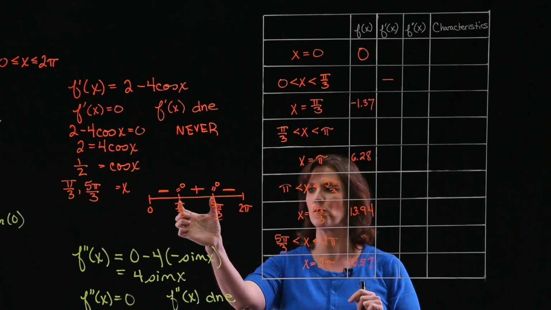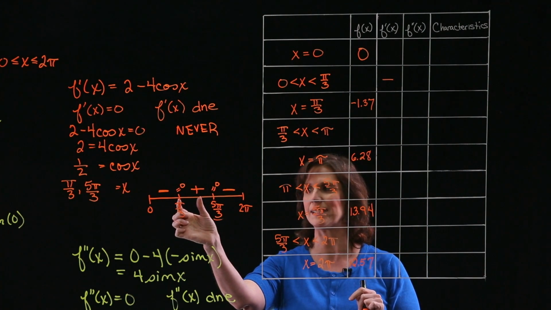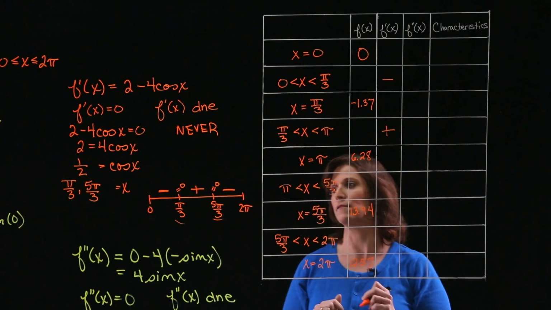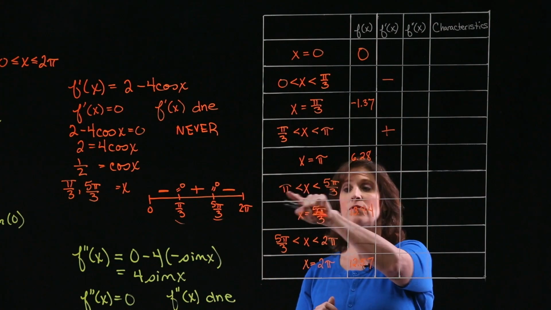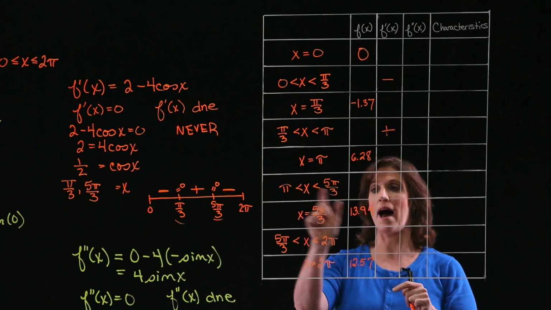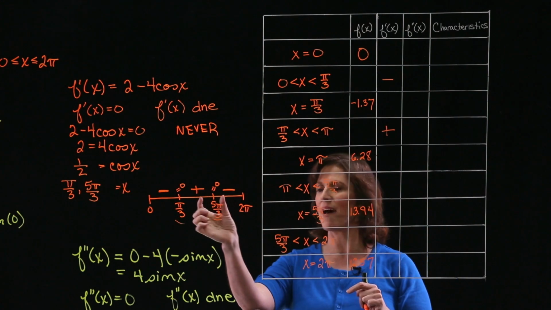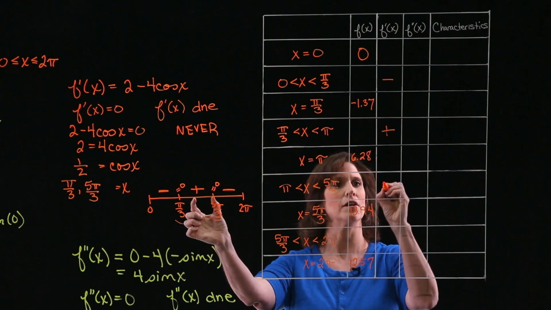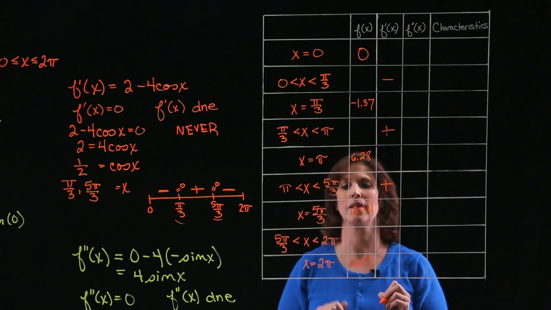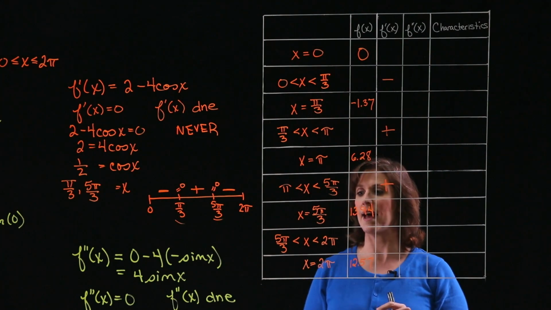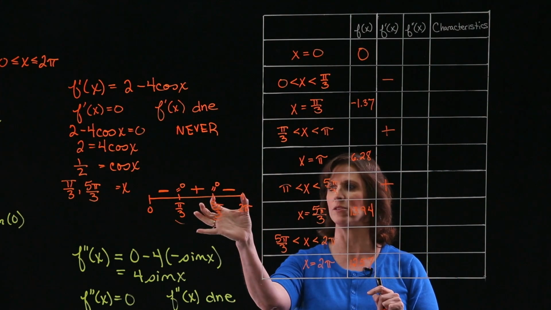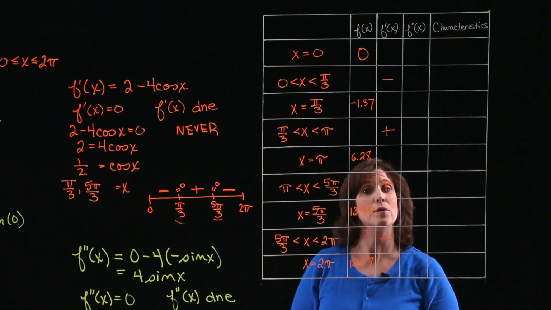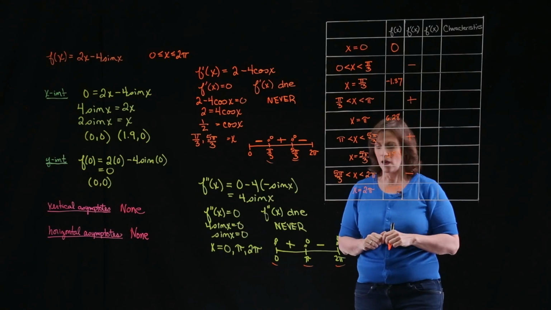Now notice I don't have this written, but it all fits right inside of the interval, which I know is positive. The next interval is between pi and 5 pi over 3. Again, I don't have that interval actually marked, but it all fits right inside this middle interval, so I know it's positive. The last interval I'm looking at is from 5 pi over 3 to 2 pi, which is this piece, and I can see that my first derivative is negative on that interval.